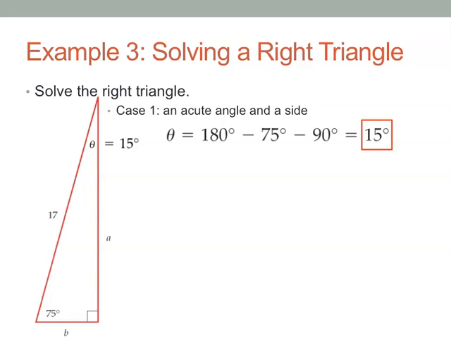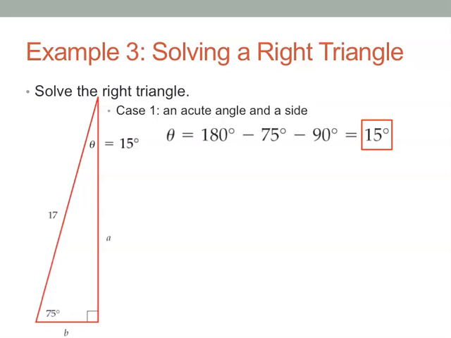So let's say we wanted to solve for A first. So now we need to write a trig ratio involving that side, involving A, that will allow us to solve for A. Now it's up to you if you want to use the 75-degree angle or if you want to use the 15-degree angle, as long as you make sure that A is either the opposite, if it's across from the 75-degree angle, or adjacent, because it's next to the 15-degree angle.